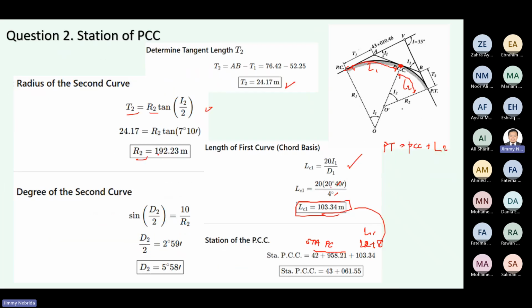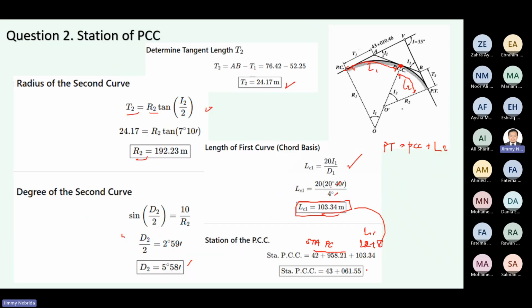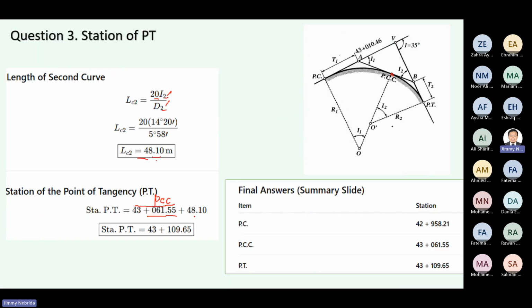By the way, earlier we calculated D2, which is 5.58, using the chord basis again. Once you get the length of curve 2, you just add it to PCC. PCC is 43,061.55, which we calculated earlier, plus length of curve 2, you can get station PT. So this is the summary of your answers.